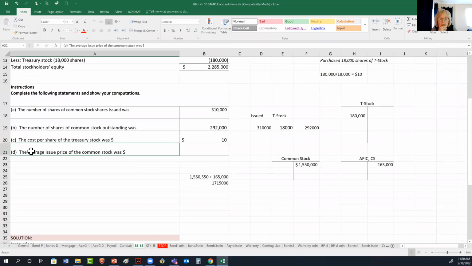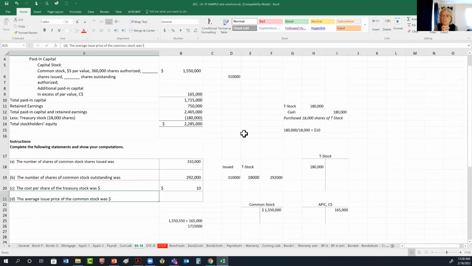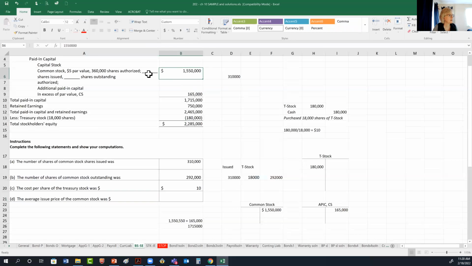What do we divide by to get average issue price? What number do we divide by? Julie, you're correct. And this is tricky. Katya, yes. What goes into common stock is the issued shares.